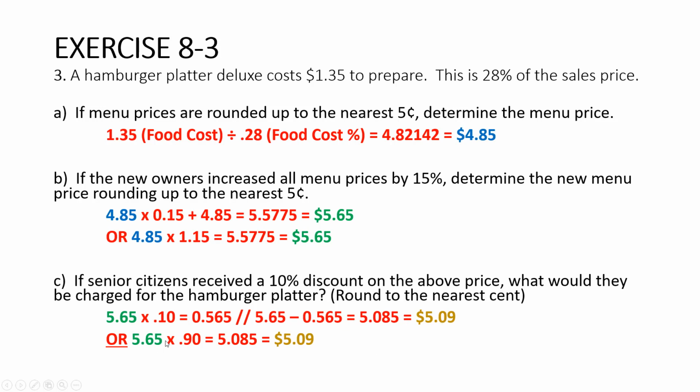The other way: if they're getting a 10% discount, they only have to pay for 90% of the original price. If you multiply any number by 90%, you get 90% of what that number is worth. And as you can see, they both come to $5.09.